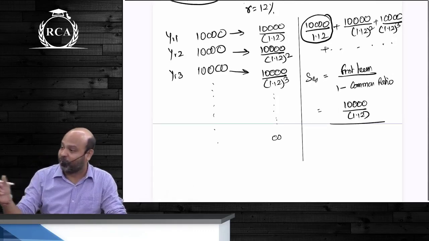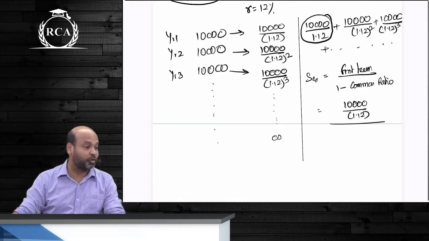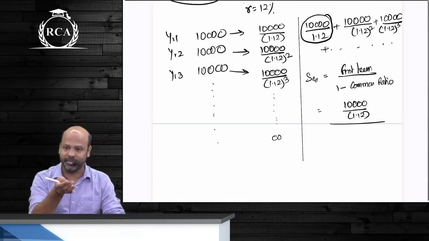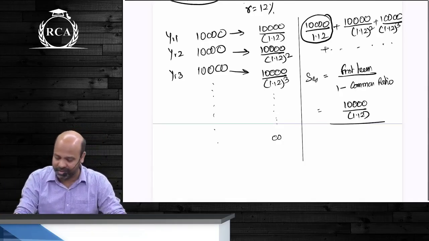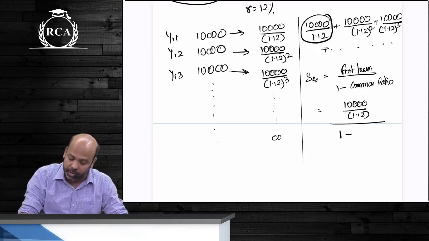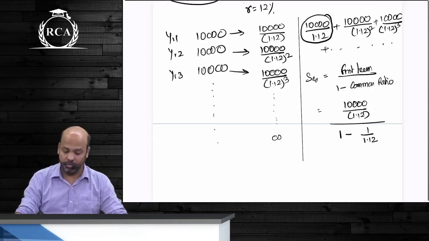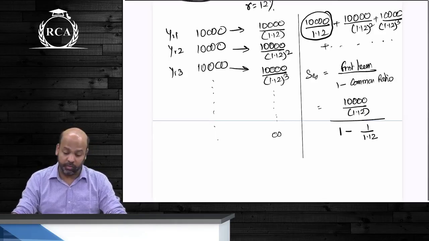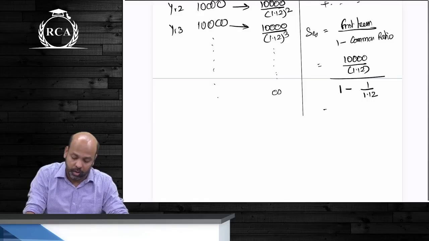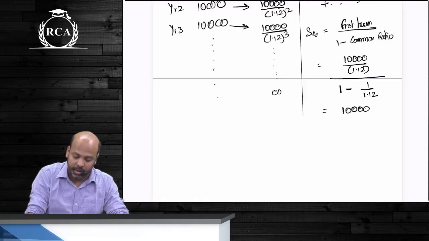Common ratio, guys, is the ratio of any two consecutive terms: second term divided by first term, third term divided by second term, and so on. My common ratio here is 1 divided by 1.12. If you divide the second term by the first term, you will get 1 divided by 1.12. You take an LCM here, you will get 10,000 divided by 1.12 whole divided by 1.12 minus 1 by 1.12.